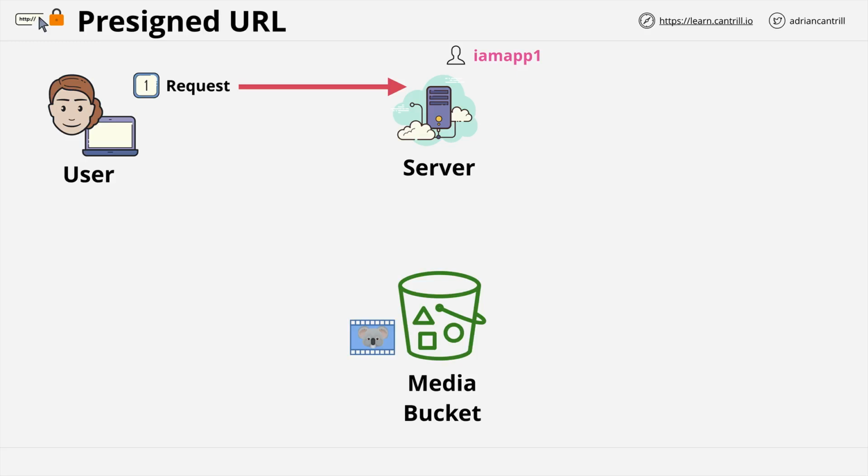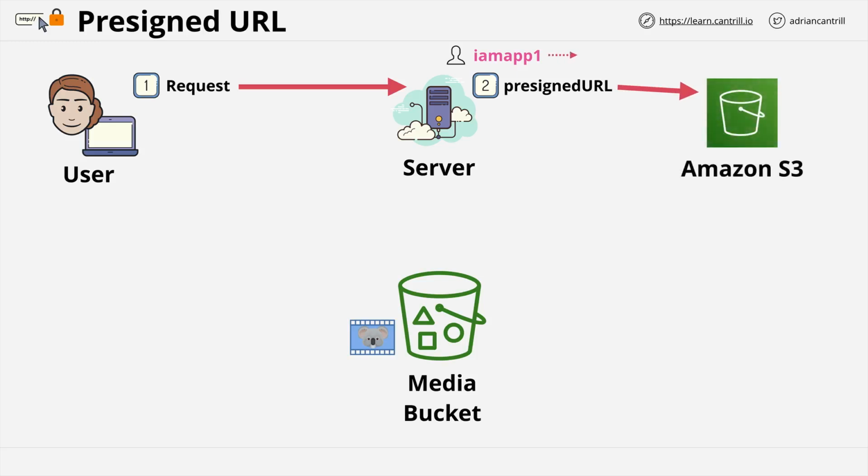The application running on the server knows that it can directly return the information that the request is asking for, but that the video is hosted on the private S3 bucket. So it initiates a request to S3 asking it to generate a pre-signed URL for that particular video object, using the permissions of the IAM user that the application is using, so IAM app1.